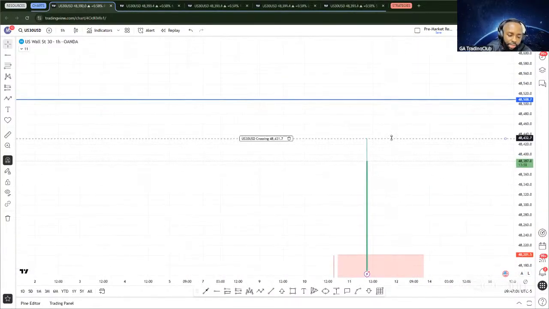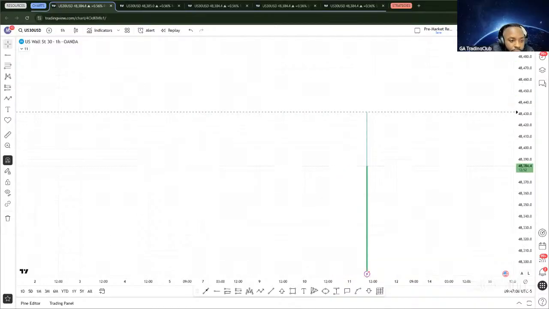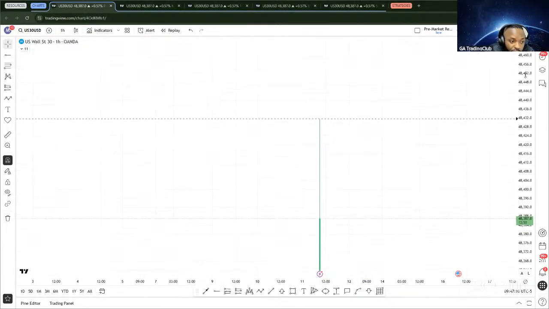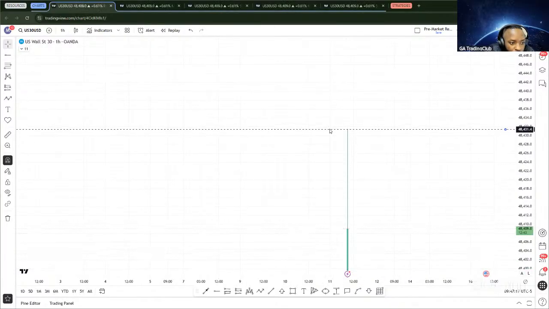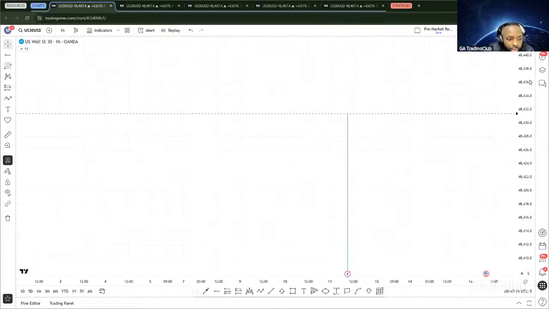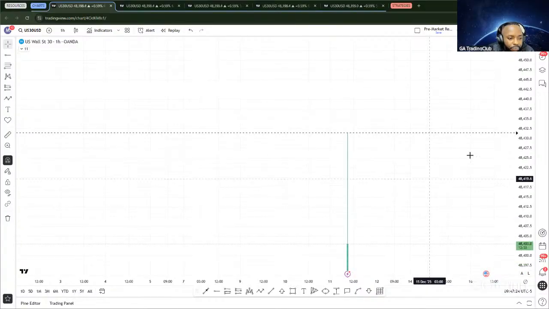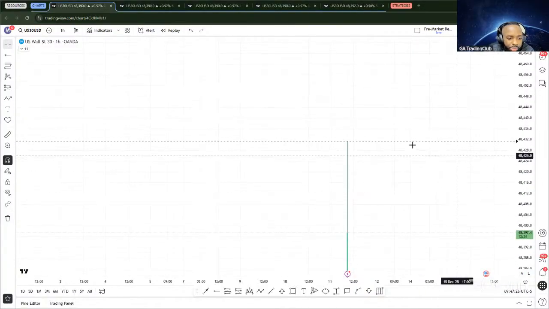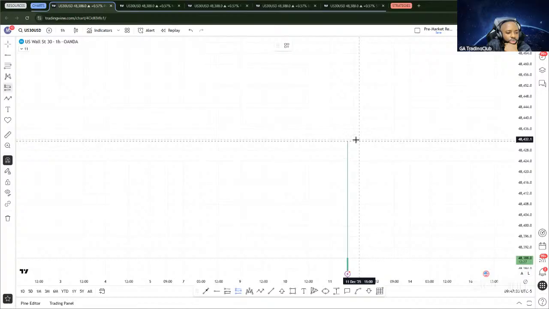One at the intersection of the wicks and the other, I set 50 points away from that area. Sometimes you want to zoom in and make sure that it's literally at the high of the wick, because you can be pips apart, and since it's a pending order most of the time, that can mean the difference between missing the trade and getting tagged in the trade.